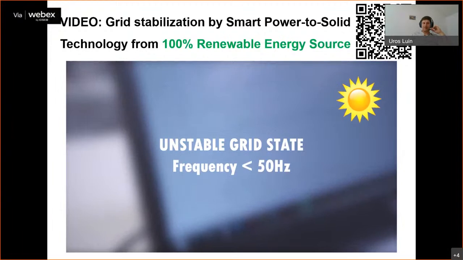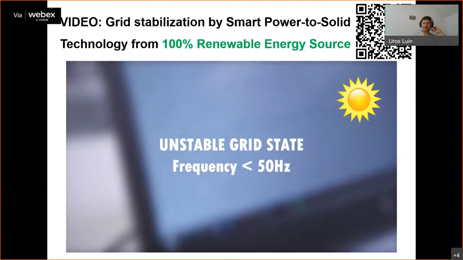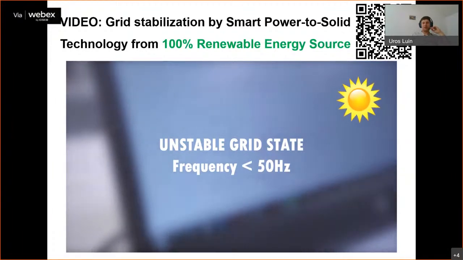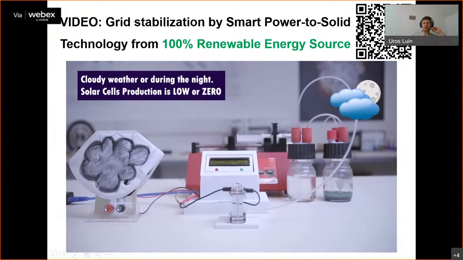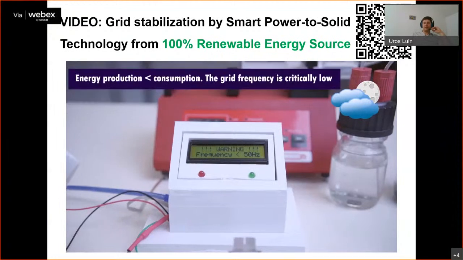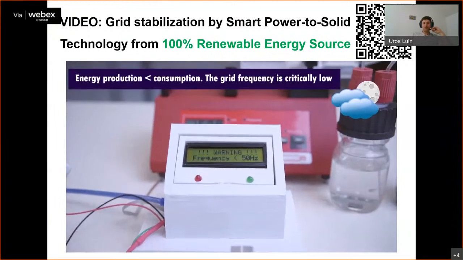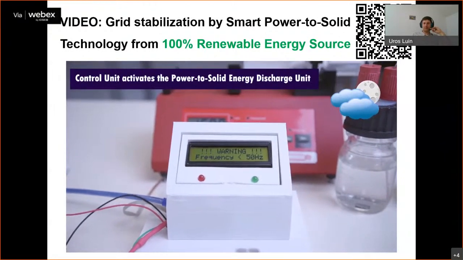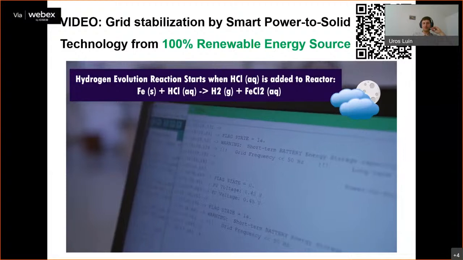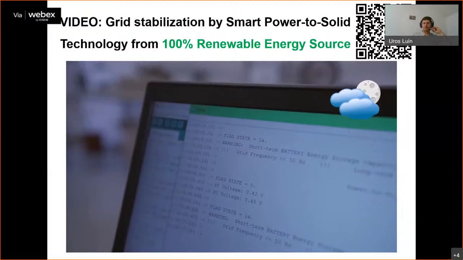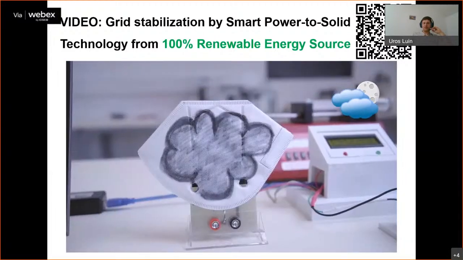And then we have an unstable grid when the frequency is going below the target one, and this happens when we have some cloud over our region or during the night. The system activates and triggers the reaction. It generates hydrogen, and fuel cells generate electricity.